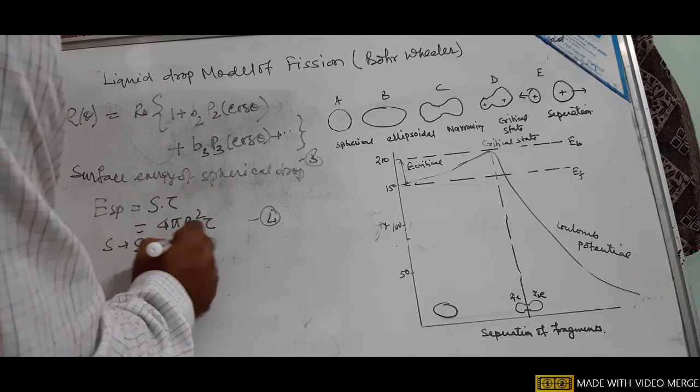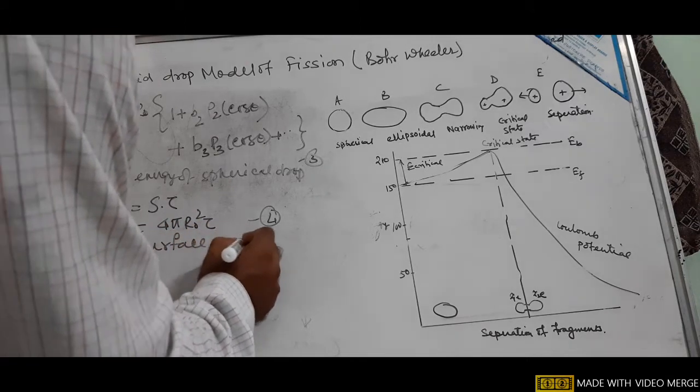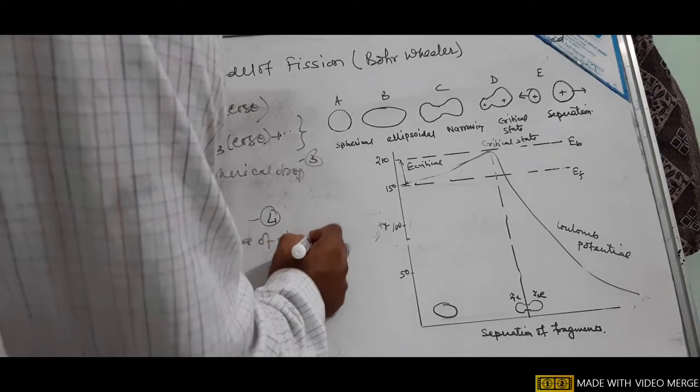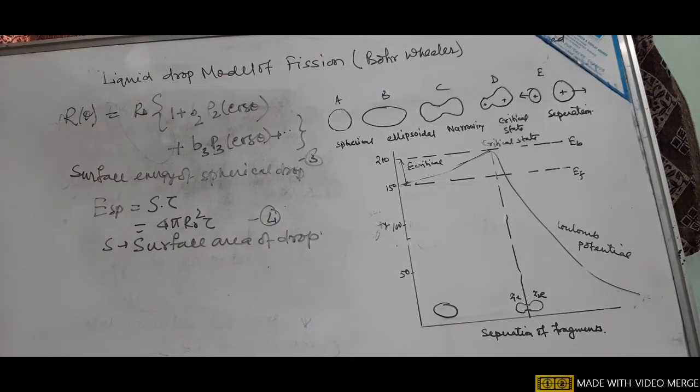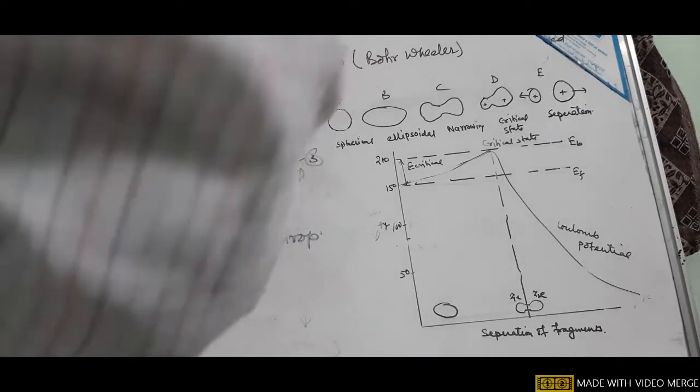Here S is the surface area of the drop, and tau is the surface tension.